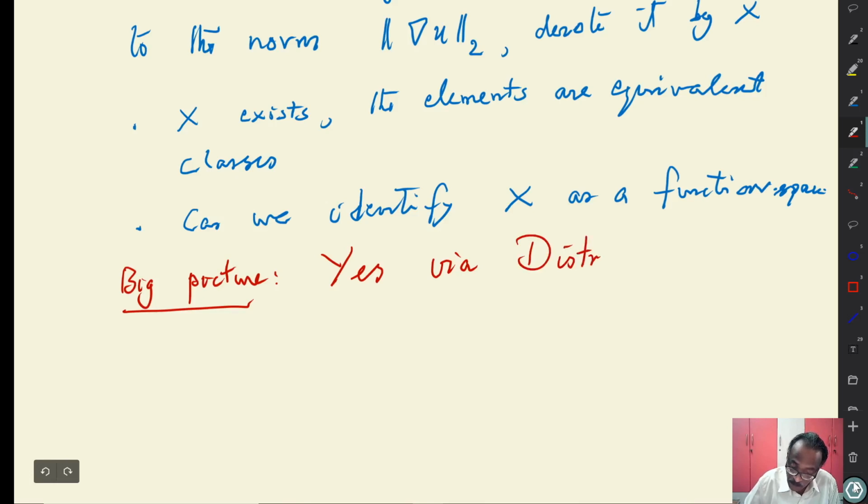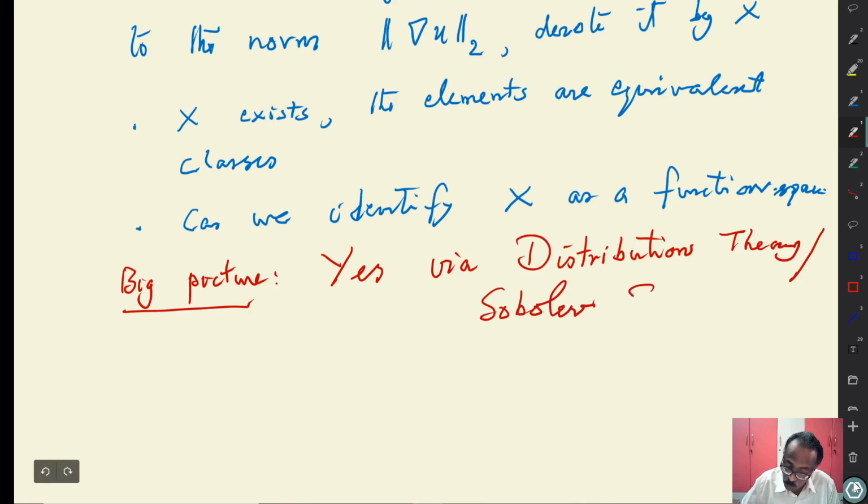Distribution theory we may give you in the next class, not in a detailed way. I told you this is the material for the next course. So let me write it, which you may not understand now.